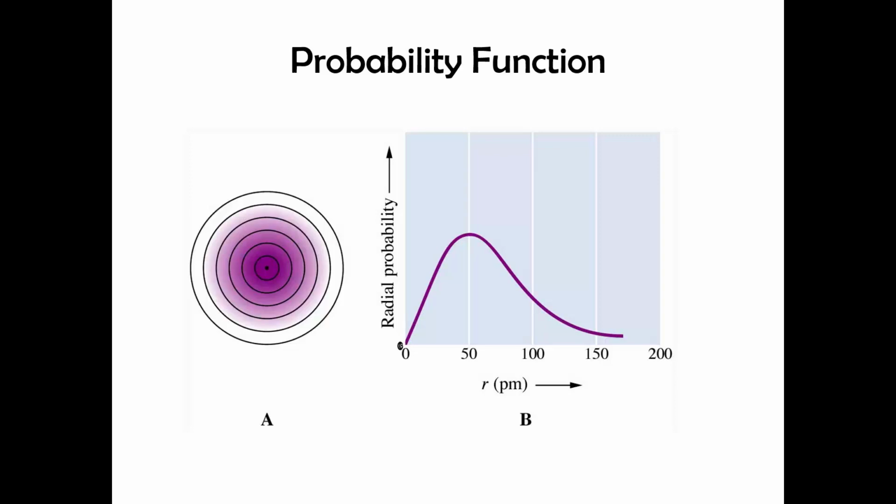It's never going to be right at the nucleus, and it's not going to be this far out. It can be here, but there's this maximum here. And that maximum is actually at 0.59 angstroms. Remember, that's the unit that we use for atomic distances. And so this happens to be the Bohr radius for hydrogen, Niels Bohr.